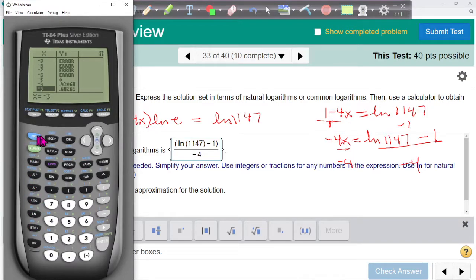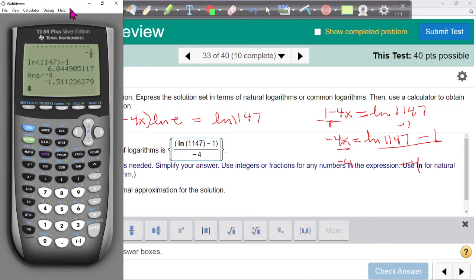Let's go here. We could just now plug this in. We go with natural log 1147, subtract 1. That's the answer. And then we divide that by -4. So we get -1.51122.